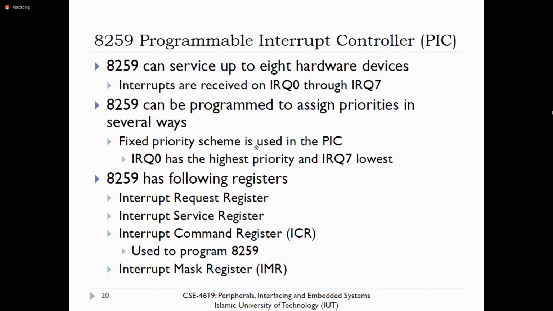Or it may be programmed with the types of interrupt that we have seen in our interrupt lecture in the microprocessor course. And I have already discussed the interrupt request register, interrupt service register, and interrupt command register. The interrupt command register is the control logic, and it is used to program the 8259 and the interrupt mask register.